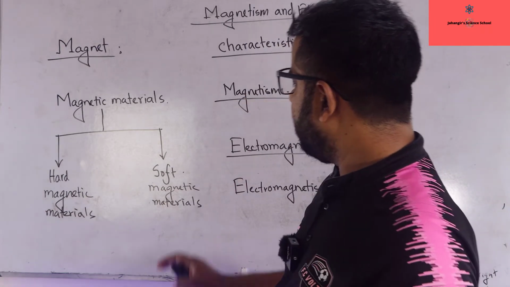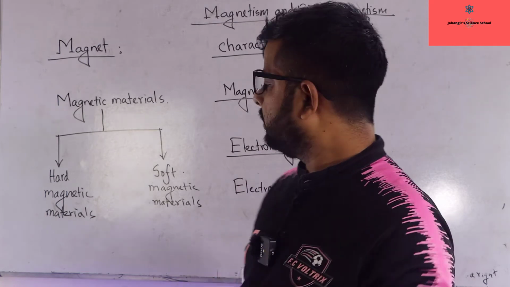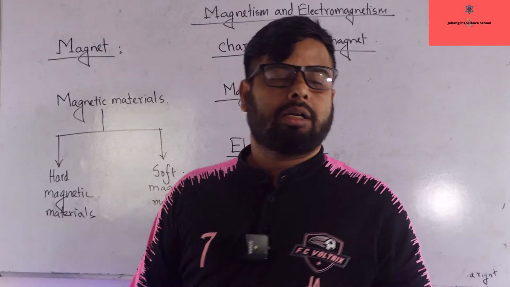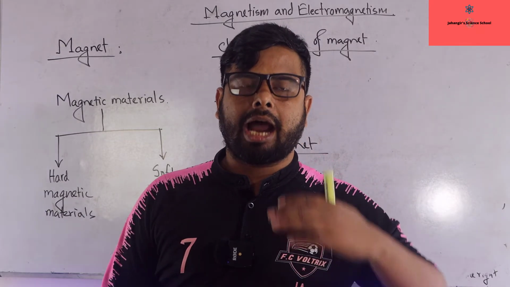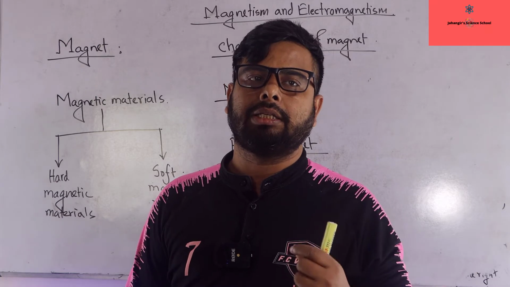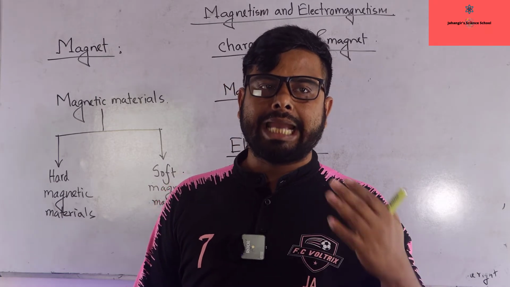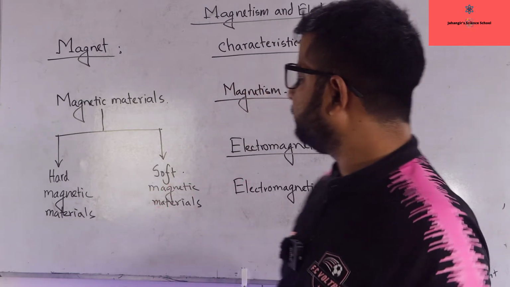The example of hard magnetic material is steel. So remember, permanent magnets are made of magnetically hard materials such as steel. These materials retain their magnetization once magnetized.